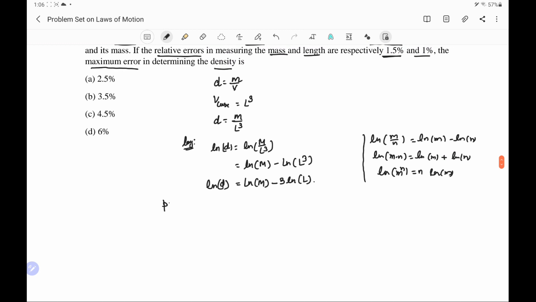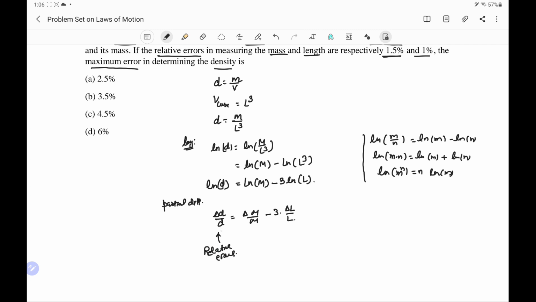Taking the partial differentiation on both sides, we will have delta D by D equal to delta M by M minus 3 into delta L by L. These are the relative errors.